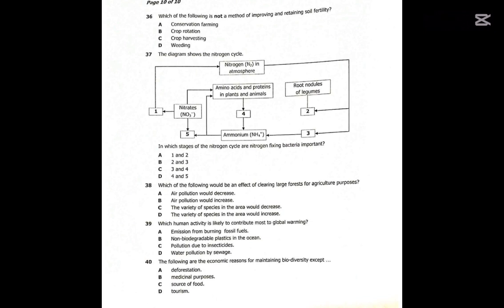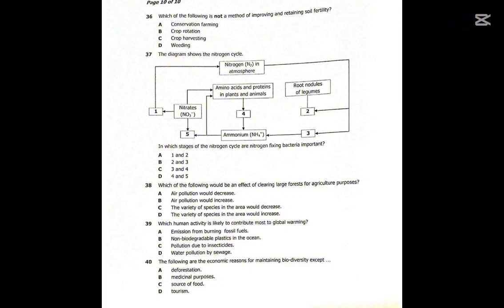37. Answer B. Explanation. Nitrogen-fixing bacteria are crucial for converting atmospheric nitrogen into a form plants can use. Stage 2 and 3. 38. Answer C. Explanation. Deforestation destroys habitats, leading to a decrease in the variety of species, biodiversity, in that area. 39.